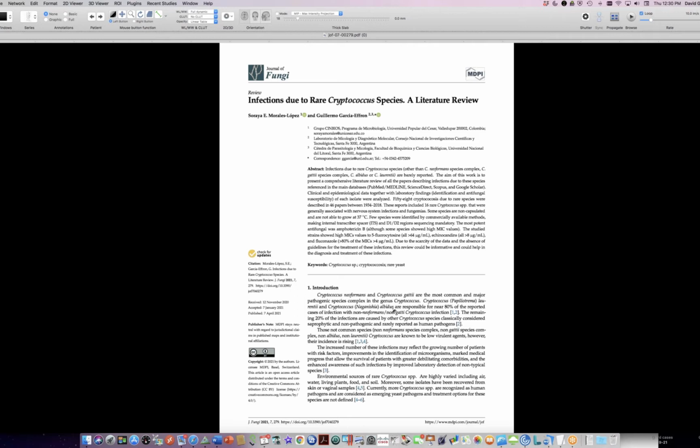So it's not clear to me, and I've asked my infectious disease colleague to instruct me about this, whether Naganishia is an alternative name for Cryptococcus. Perhaps this was formerly considered Cryptococcus, or maybe it's Cryptococcus and it's a variant Naganishia or something like that, but they're not calling it variant in this nomenclature at least.